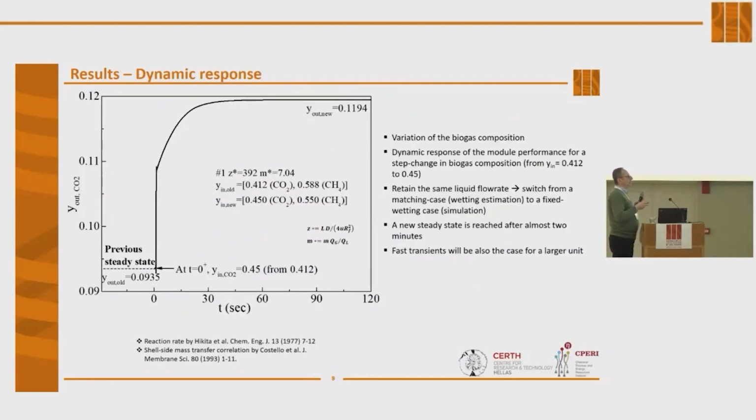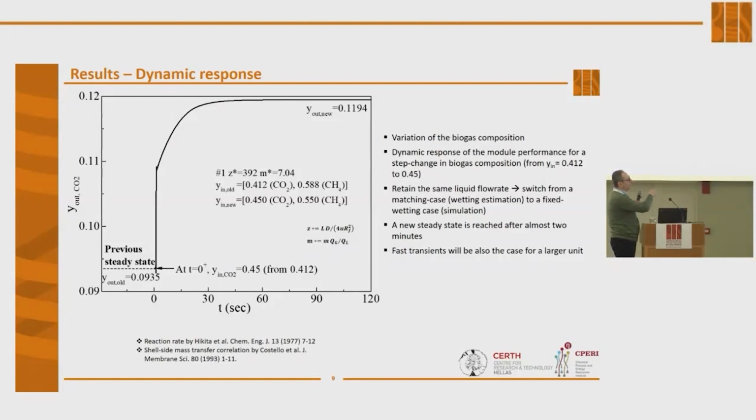Now, here's the last slide. This is a computational exercise based on the previous. We have solved the system. We have a reference case of the first experimental set. We see that Y out old is the molar fraction of carbon dioxide at the exit of the fibers.